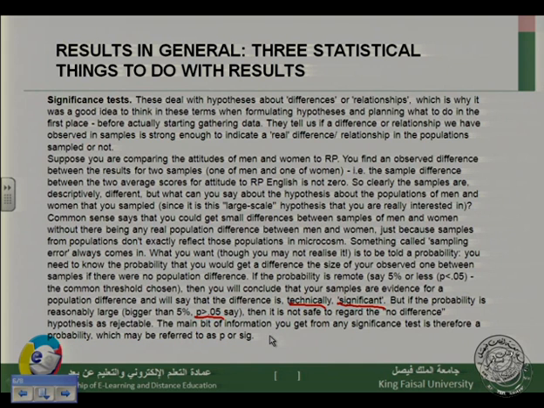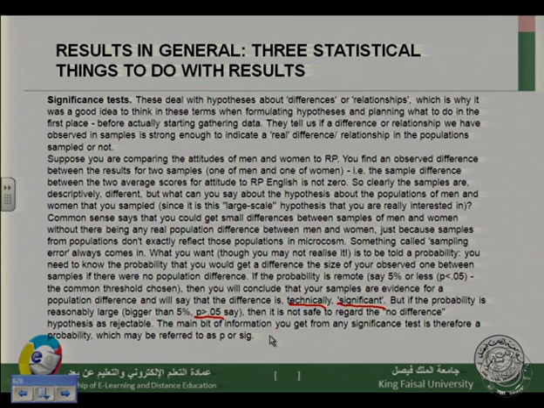So if the probability is reasonably large or bigger than 0.05, then it is not safe to regard the no difference hypothesis as rejectable. So you have a hypothesis, and based on the p-value that you are going to get, you would say, well, my hypothesis is confirmed or rejected.